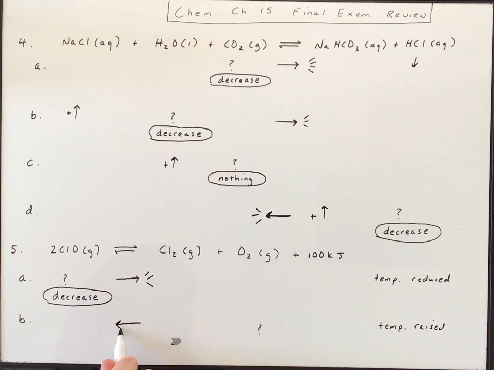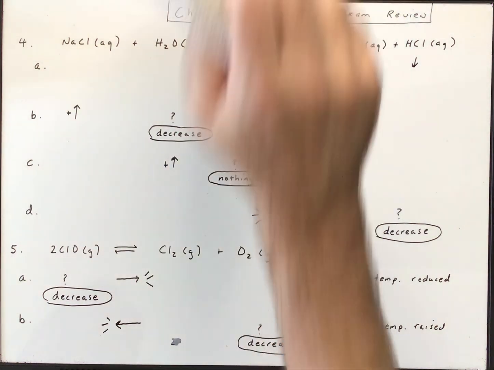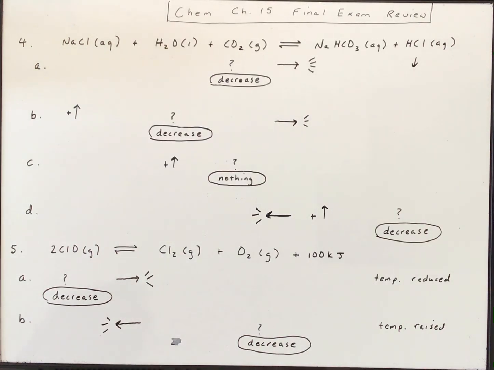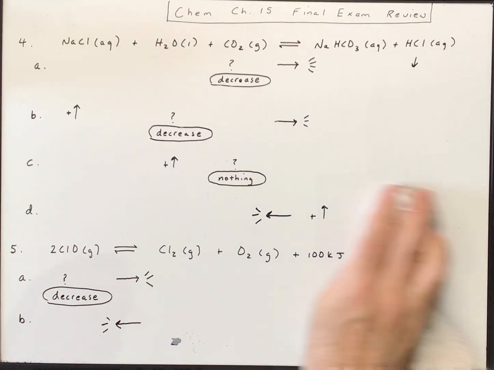So that would be away from the products towards the reactants. So the products are drained, the reactants are filled. So if the products are drained, O2 will decrease. All right, a lot of decreases for these scenarios so far. All right, let me clear the board. We'll move on to number 6.